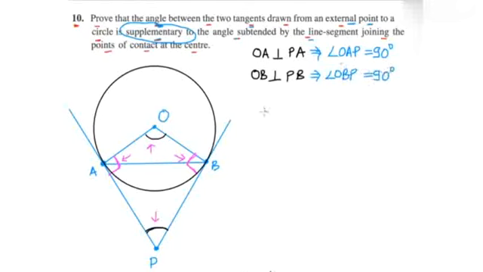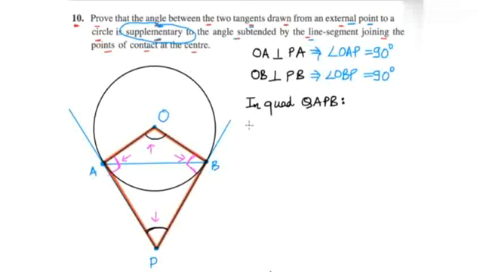Okay, now in the quadrilateral OAPB, let me actually highlight this quadrilateral. This is the quadrilateral I am talking about. In this quadrilateral, the sum of the four angles must be equal to 360 degrees.